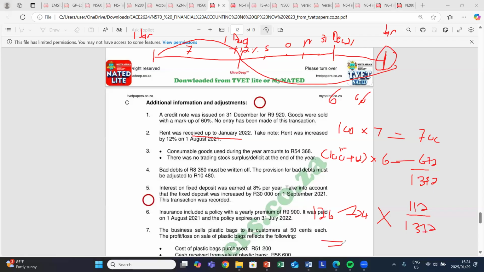And then we'll get the rent for January. 126,224 multiplied by 112 divided by 1,372, in which you'll get your rent for January, which is 10,304.